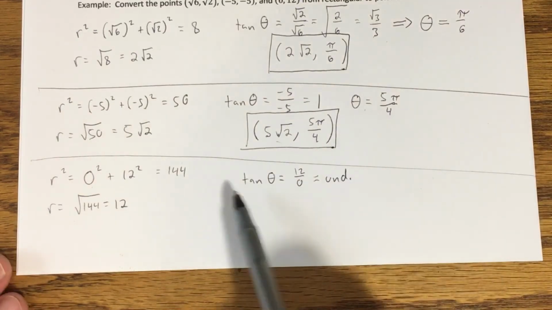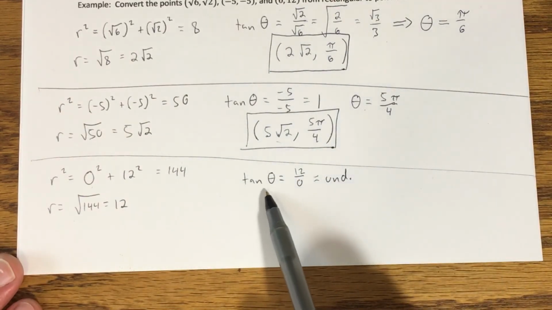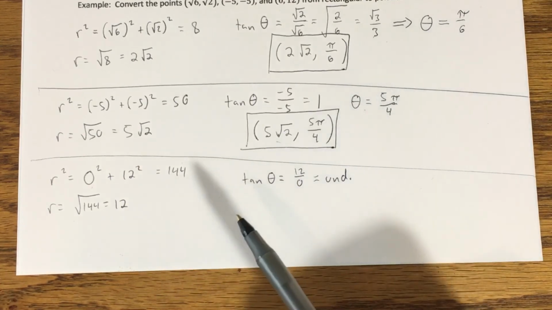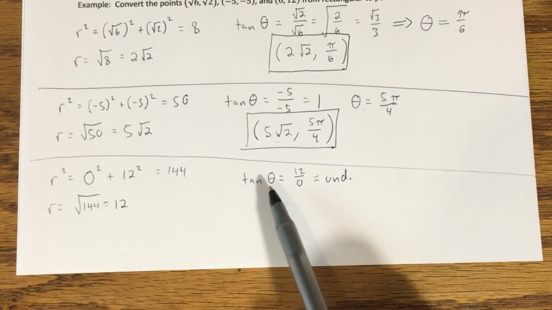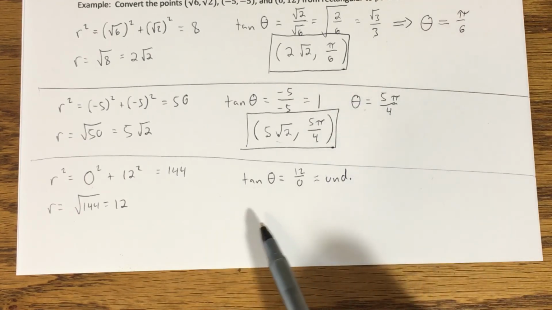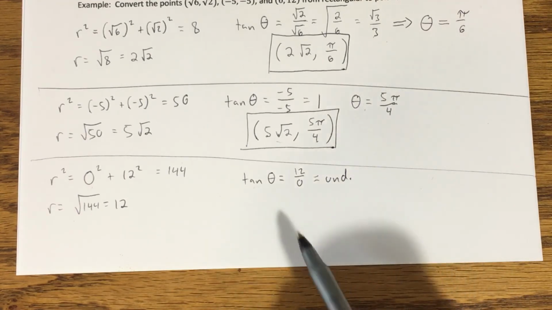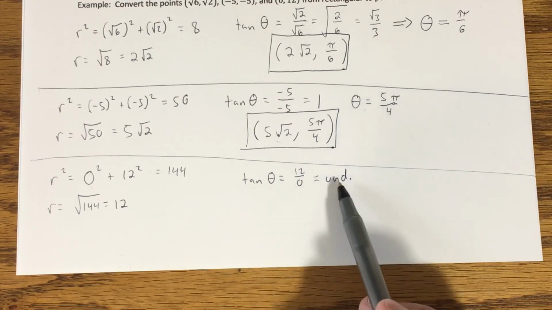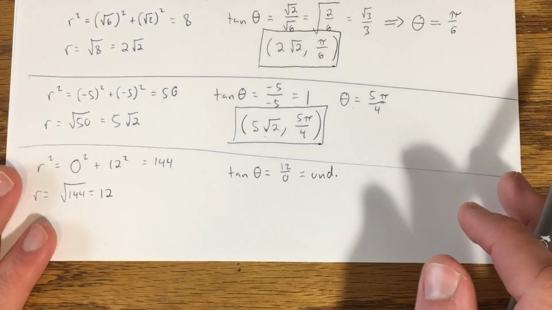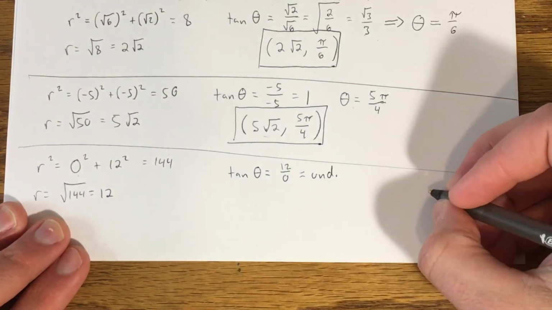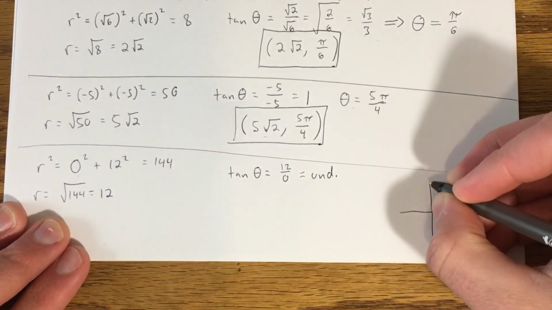But that's okay, because we actually know from our tangent function, there are a couple of places on the unit circle where tangent is normally undefined. It happens when theta is either pi over 2 or 3 pi over 2. So rather than try and deal with this thing directly, I'm going to look at where the point (0, 12) would be if I plotted it in rectangular coordinates.